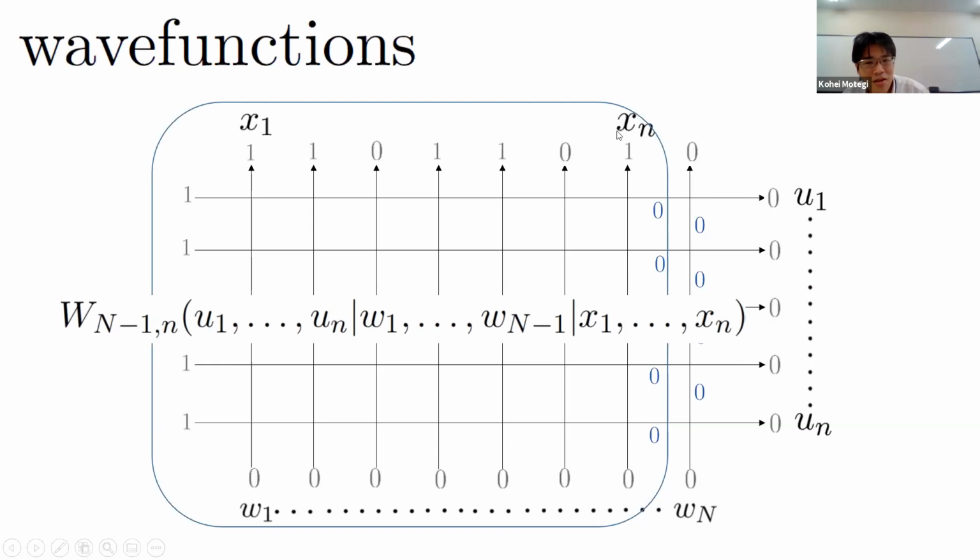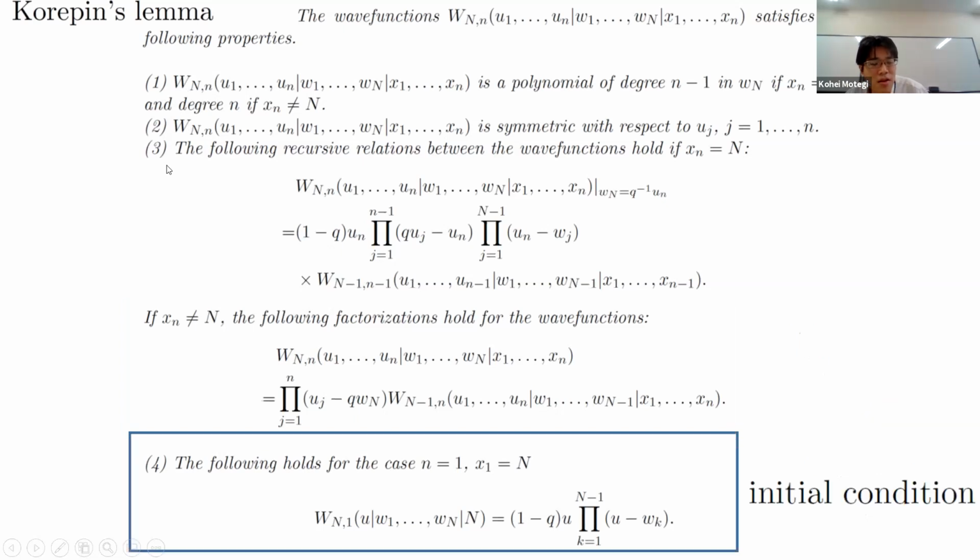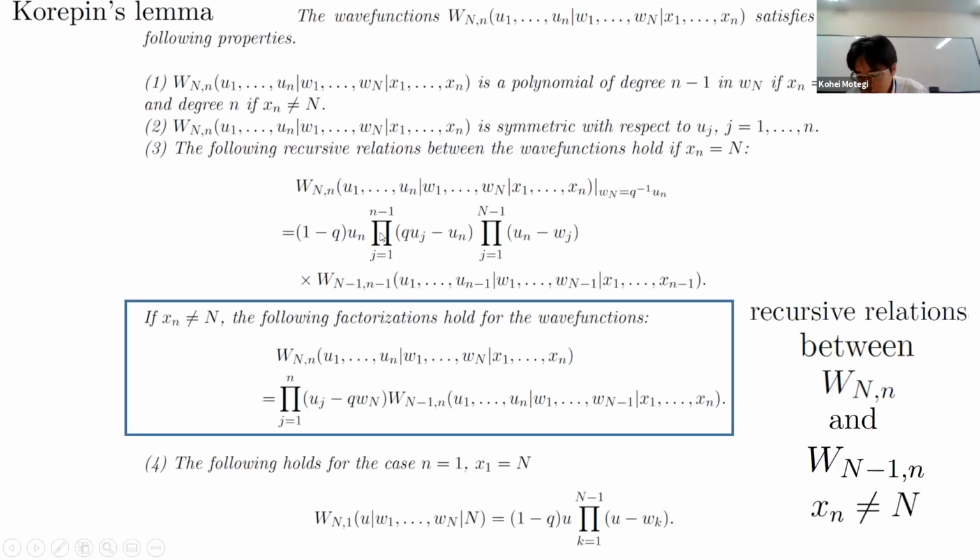But unlike the case when xn is equal to large n, the number of rows is small n, not small n-1. Okay. So you can easily check this. So these three properties, 1 and 2 and 3, correspond to the recursion relation.